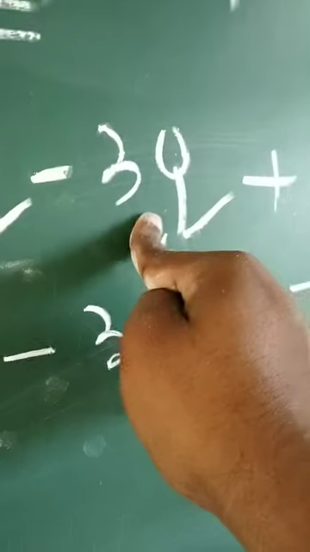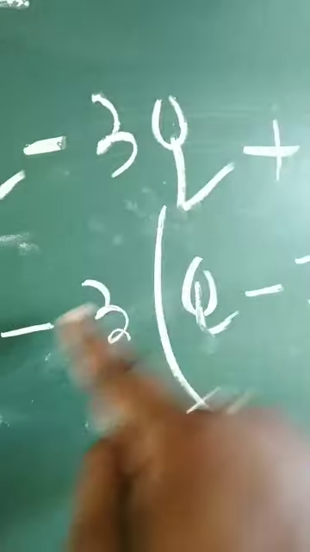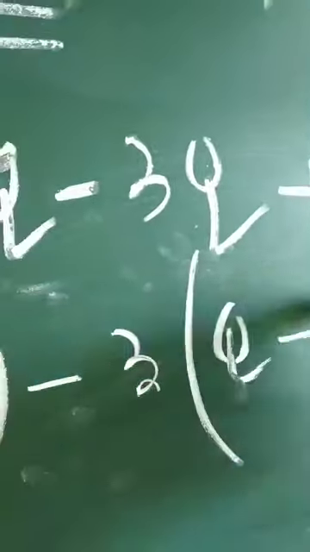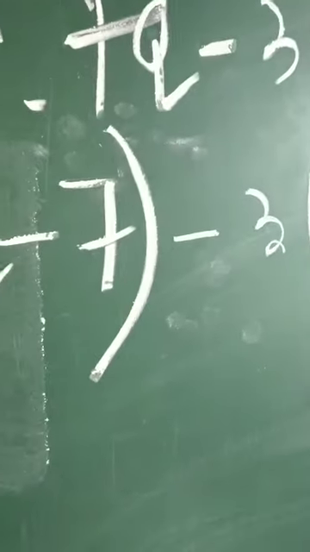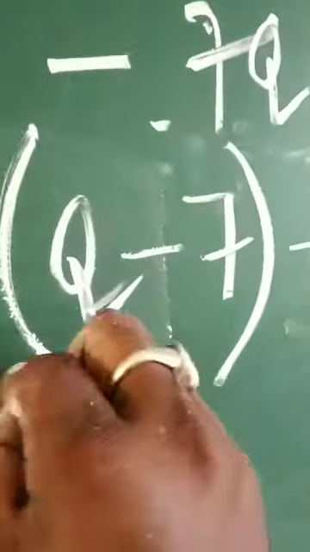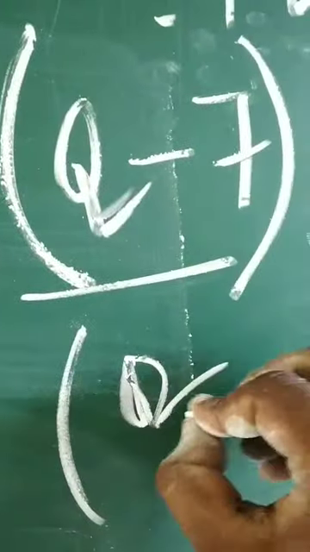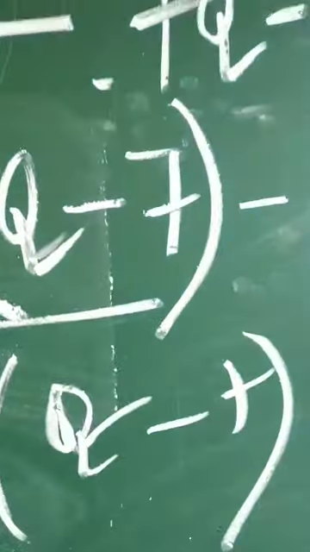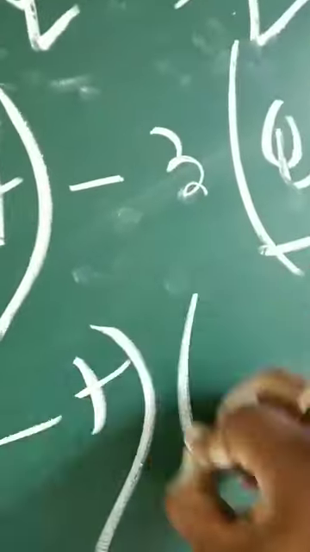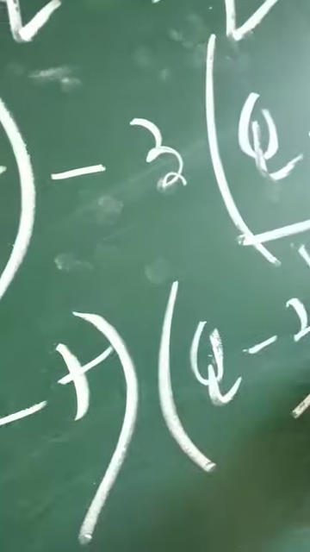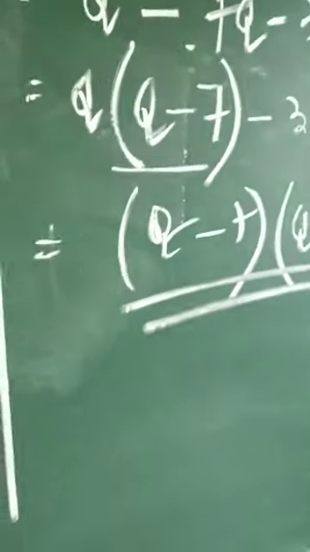Minus 3 into q, minus 3q, minus minus plus. It's matching. That's why I'm not wrong. I'm correct. So here is q minus 7, here is q minus 7. Let me take q minus 7 common. And here is q and here is minus 3. Let it be q minus 3. That's all. This is only my answer.